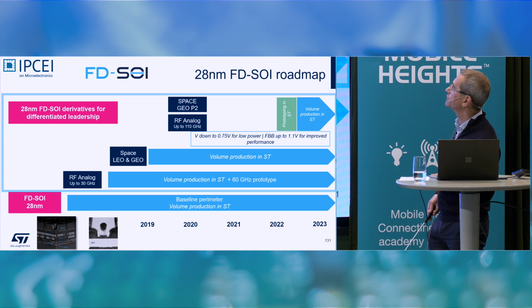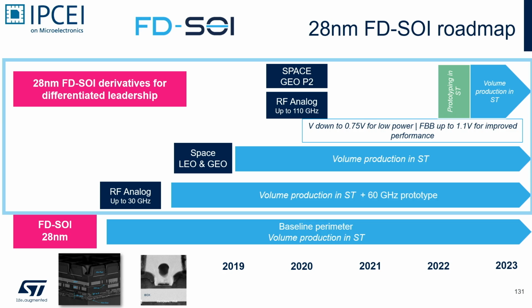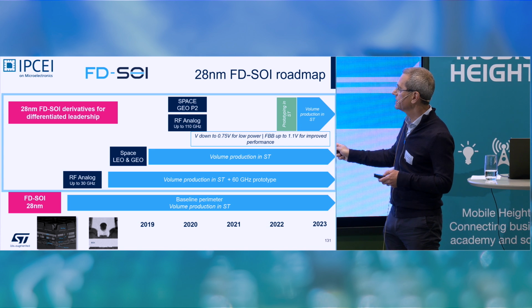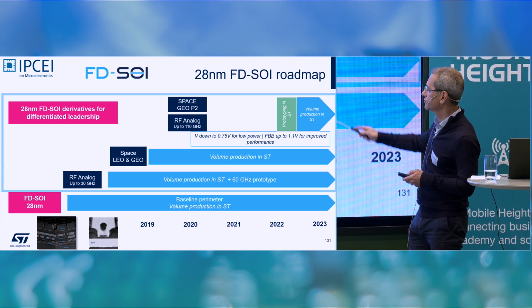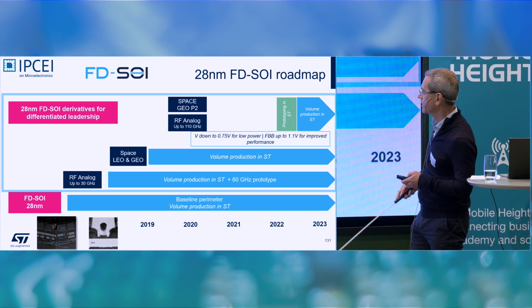Okay, then we jump to 28 nanometer FD-SOI. So the base volume production here in ST is made on the 28 standard FD-SOI technology. We had some modeling and some devices for RF analog up to 30 gigahertz here. We are right now prototyping also in 60 gigahertz. So I should have added a green bar somewhere for the 60.